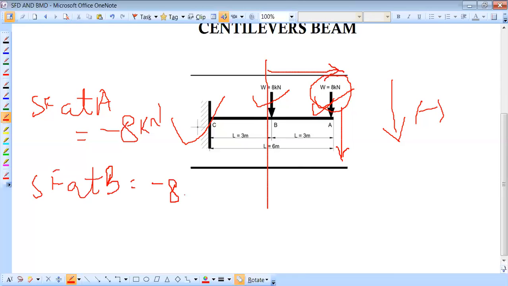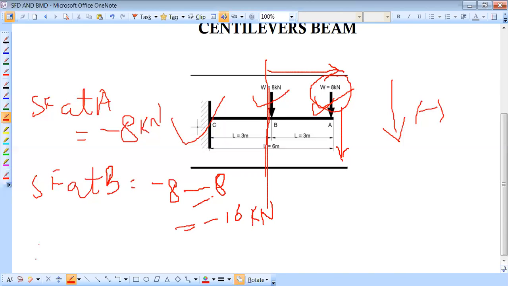So minus 8 kilonewtons is downward, and again 8 kilonewtons is downward at point B, so again minus 8. So this is equal to minus 16 kilonewtons.